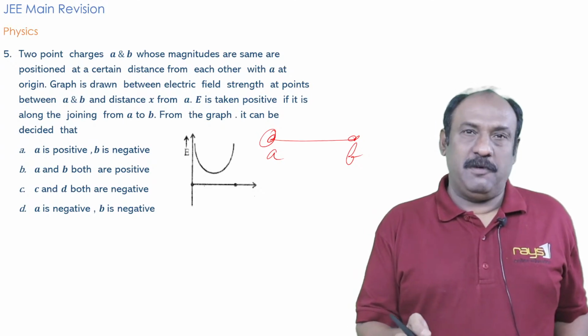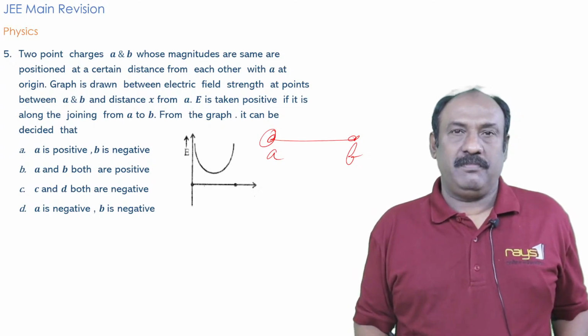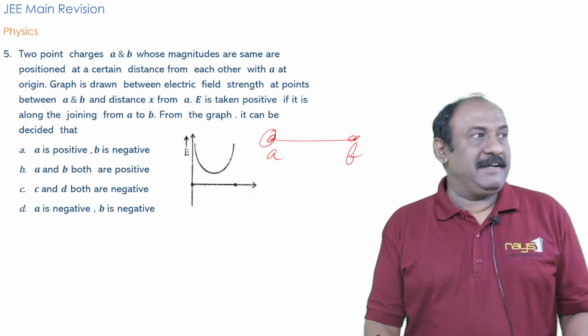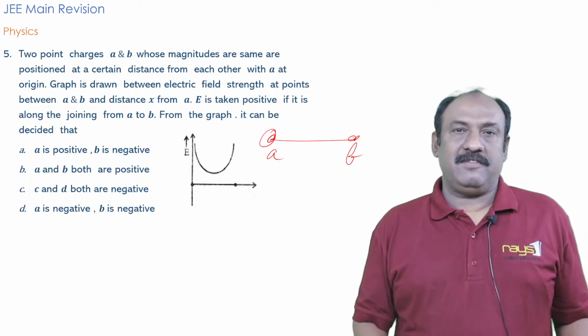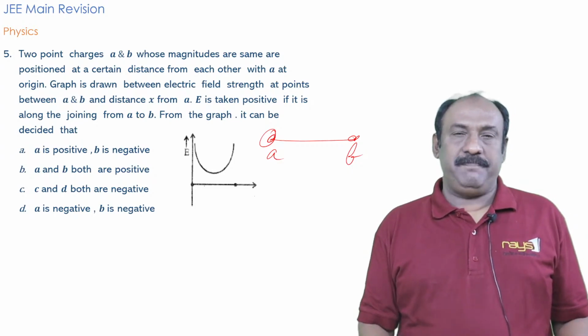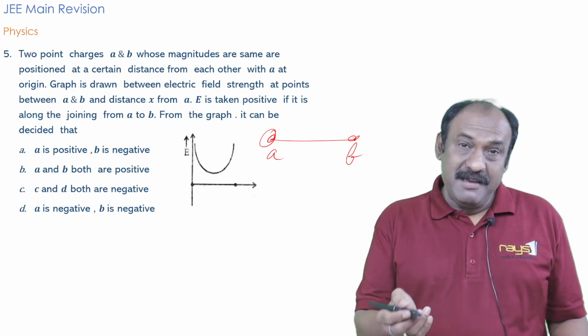At A, suppose you imagine one charge plus Q, what is the nature of the charge present at B? Charges of the same magnitude are placed at A and B.